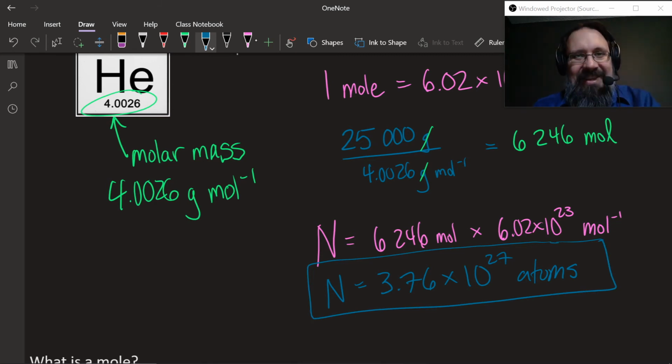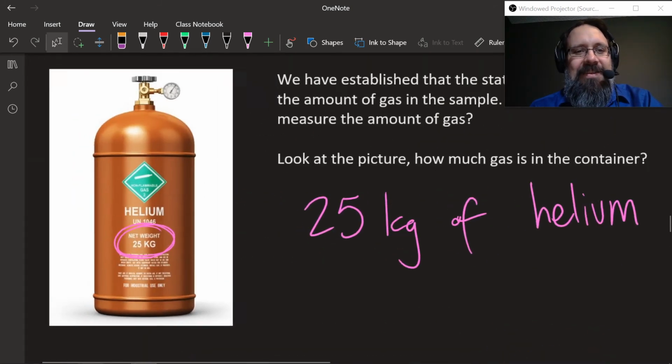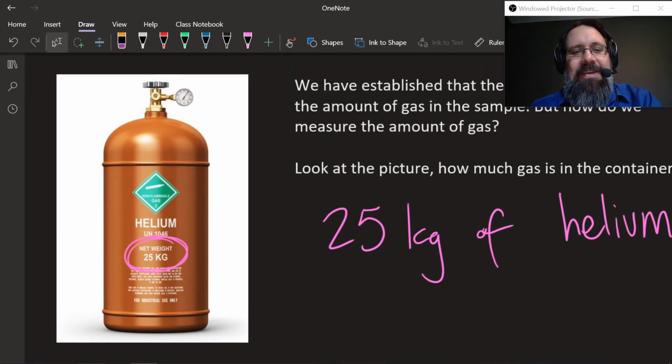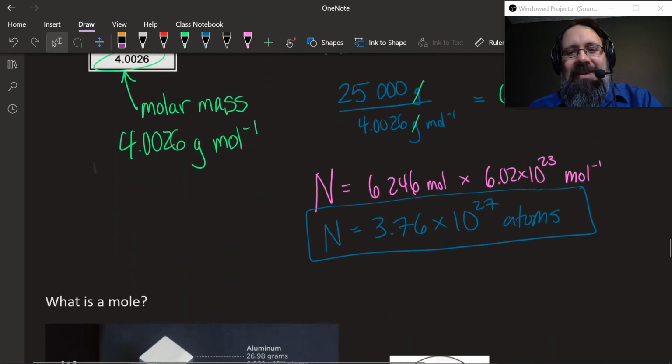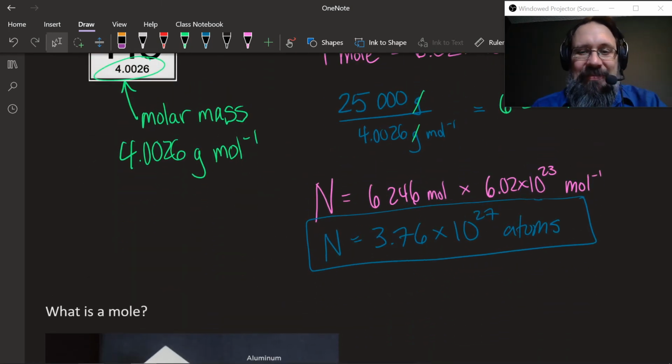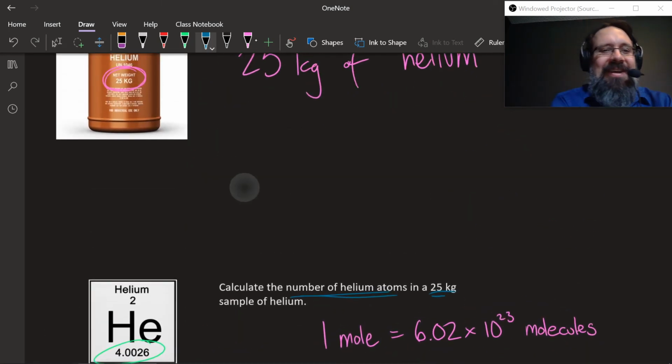That is a really, really large number. So in this container right here, if this container indeed carries 25 kilograms of helium, there's 3.76 times 10 to the 27 atoms.